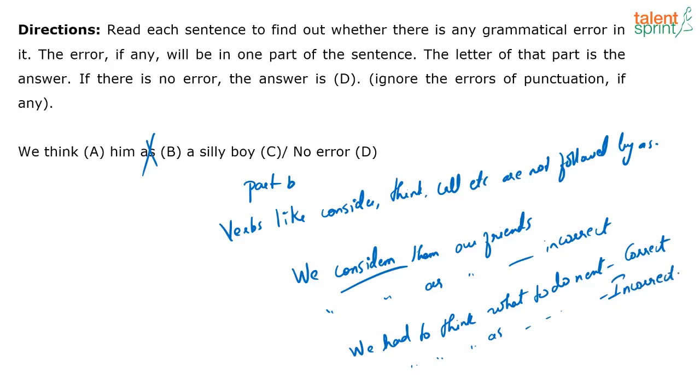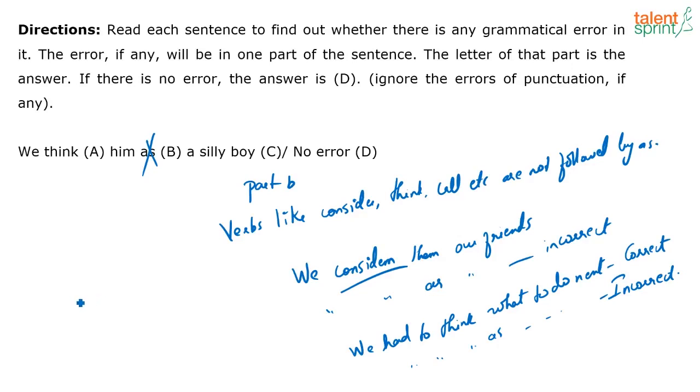Alright, okay. I'll give you another word in terms of the same construction, right? So basically remember this, okay? Consider, think, call, all of these do not take as after them, right? Let's look at one example for call as well, since we've covered think and consider.